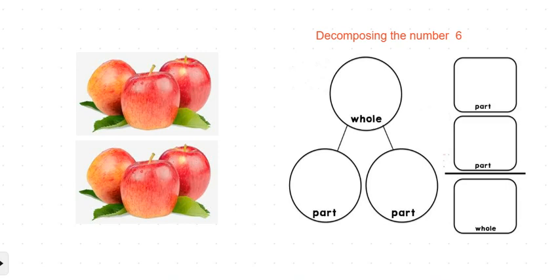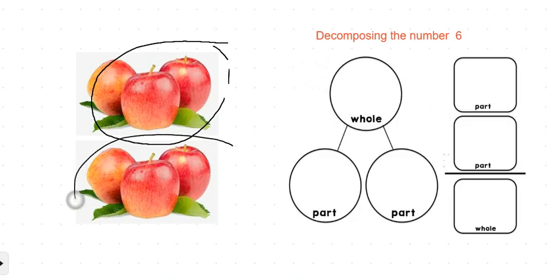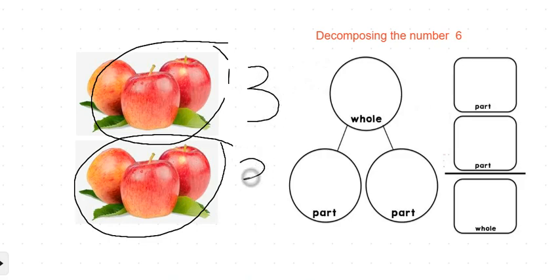Yes, we have 3 and 3. Because 3 and 3 does give you 6. So a part is 3 and another part is 3. And when you put them together, you get 6.